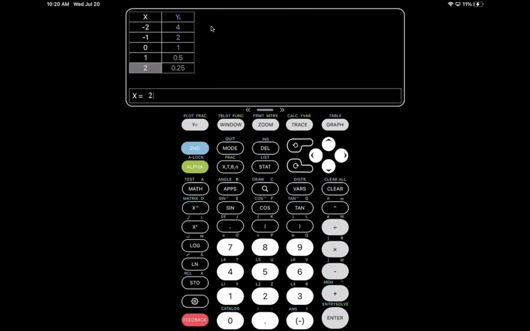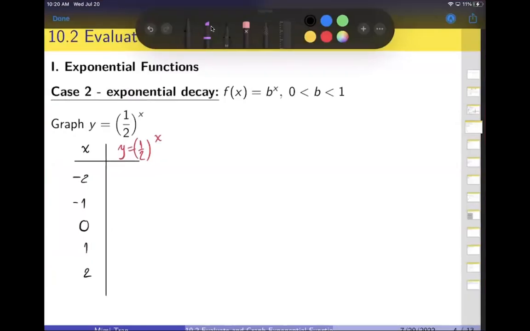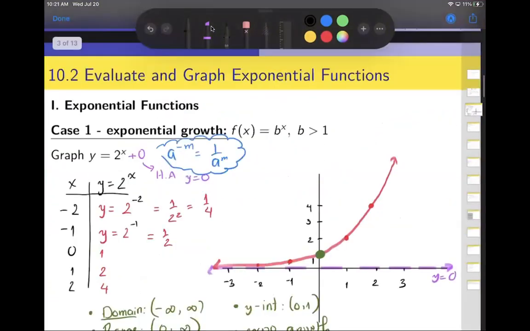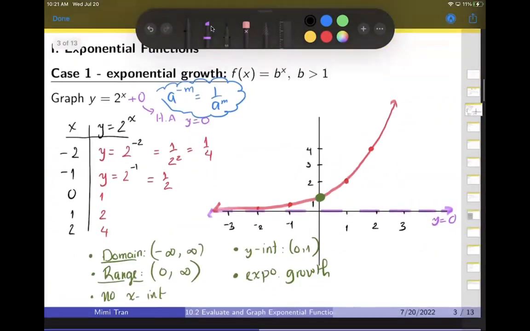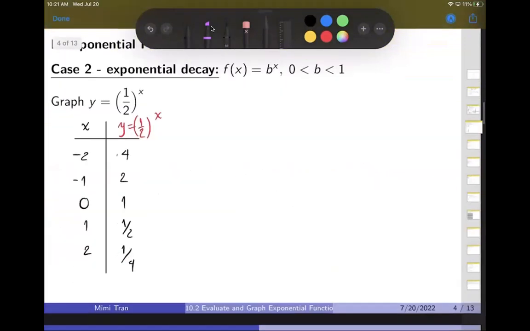So 4, 2, 1, 1/2, a quarter. If you notice, it's kind of going backward from up here. Make it red. Okay, so let's graph this.